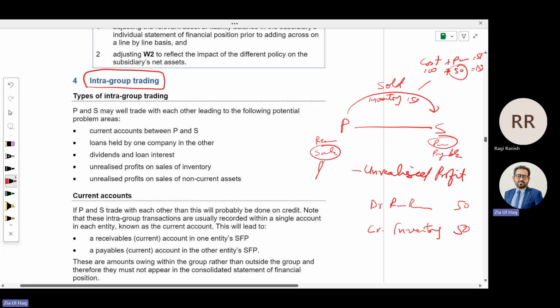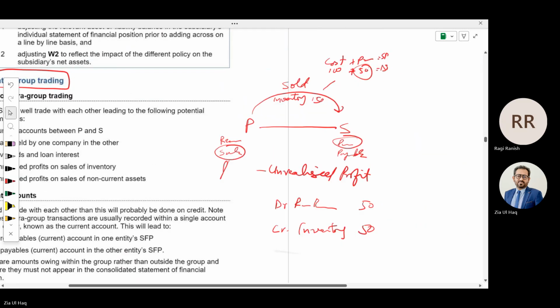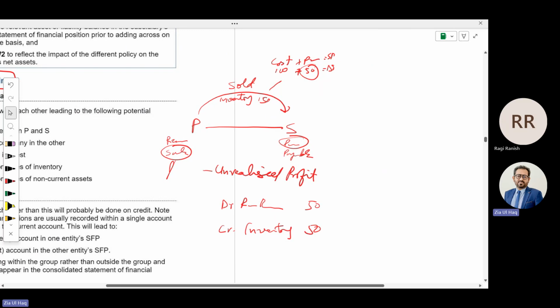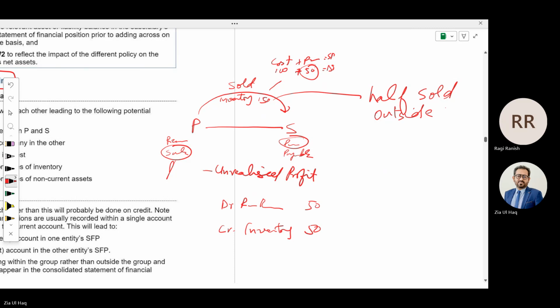Now I'm adding one thing more. They sold 150 inventory within the group. Out of this 150, half sold outside the group and half remaining within the group.